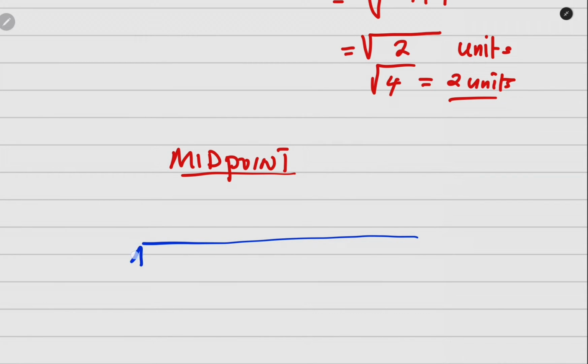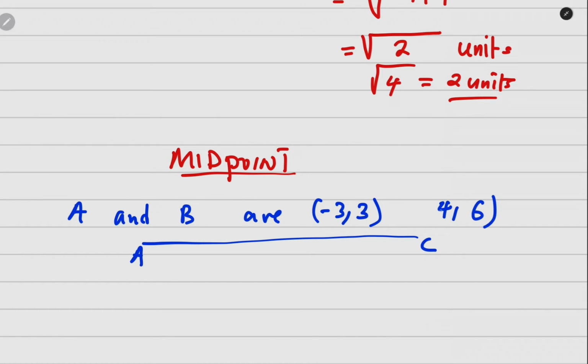Let us say you have a line A, C. In other cases, you'll be given that points A and B are negative 3, 3 and 4, 6 respectively. This is what you might find at times.